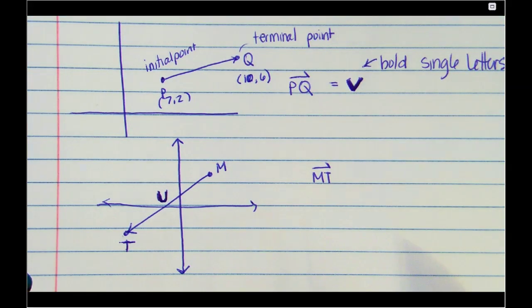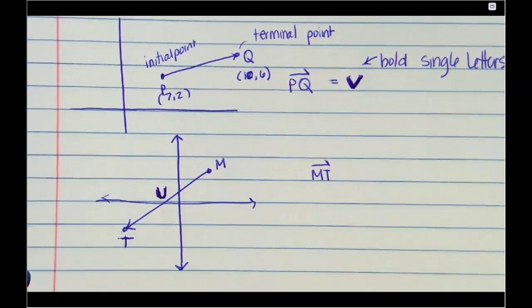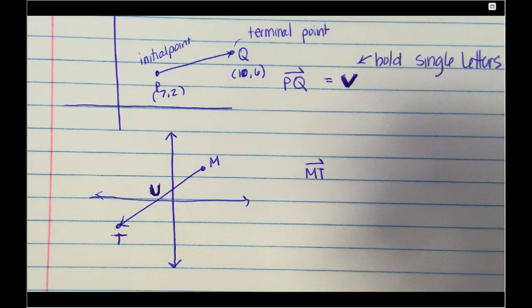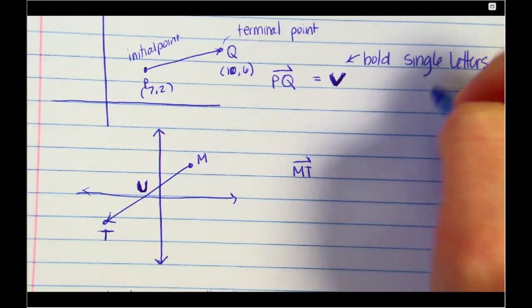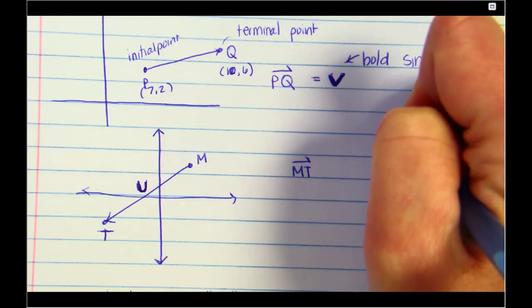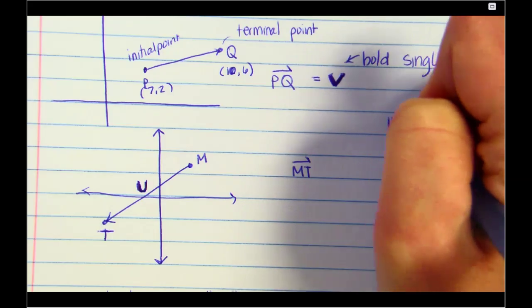So 7, 2, and 10, 6. We're going to find his magnitude. I'm way zoomed in and having a hard time squeezing it all in. So we're going to find the magnitude of v.